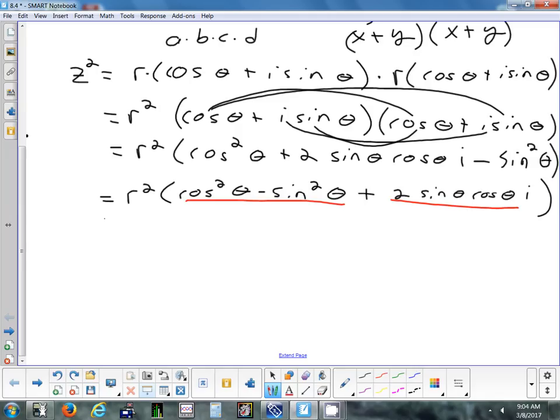Does anybody remember what cosine squared minus sine squared is? So look back at your notes for section 7.5. It's when we did the sum and difference identities. It's not a sum or difference, but we also did double angle identities and half angle. So it's something to do with one of those.